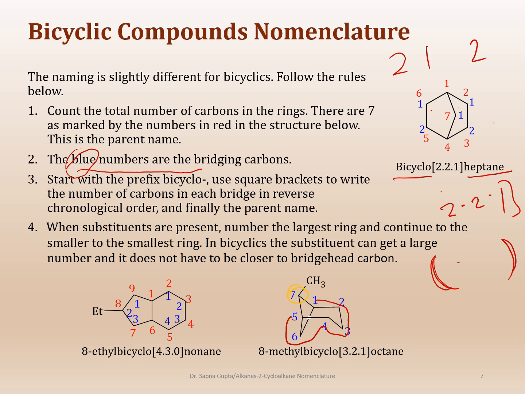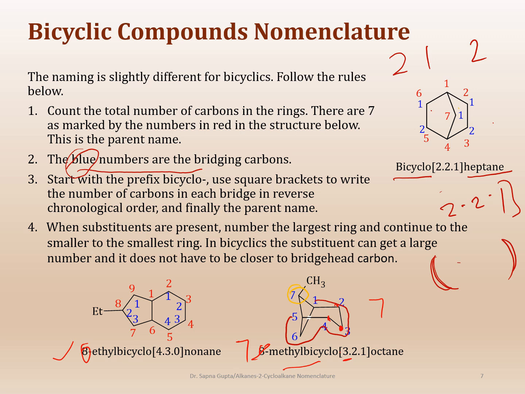Because it's on the 7th carbon, sadly, it will get the highest number. I think I have it wrong here. This should be 7. So 7-methyl, and then the bridges 3, 2, 1, and then heptane. Oh my God, I have everything wrong in this one. I need to fix that.